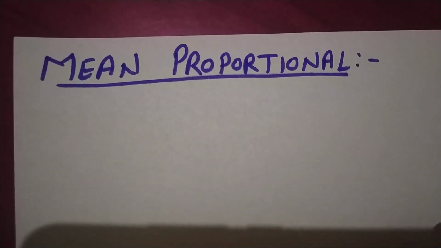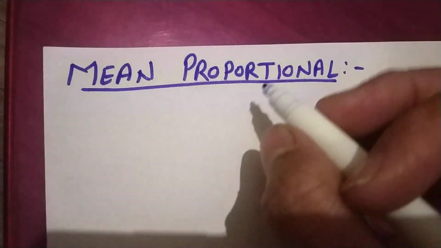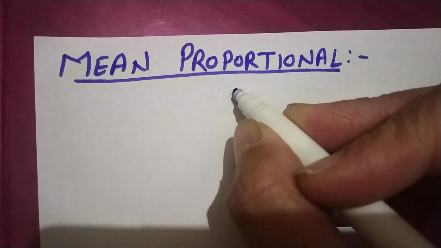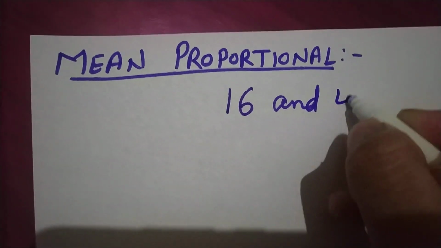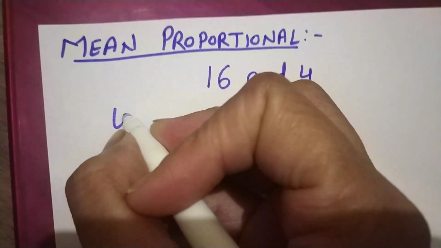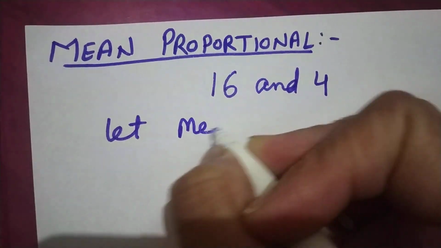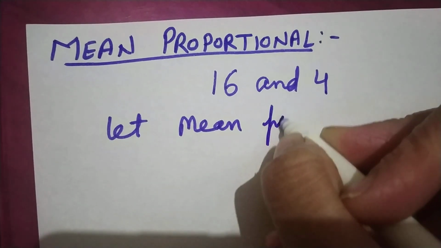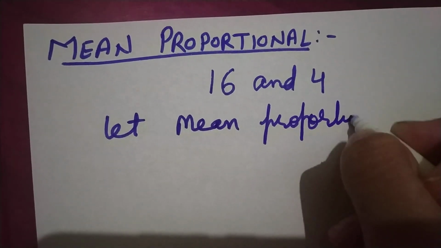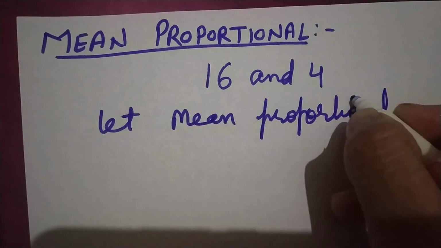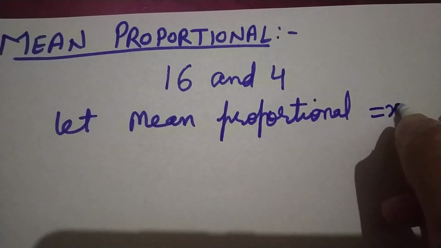Next is the mean proportional. Now, we have to find the mean proportional between 16 and 4. Let the mean proportional be equal to x.